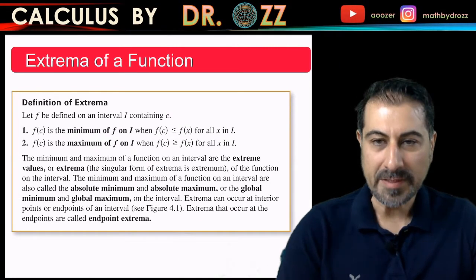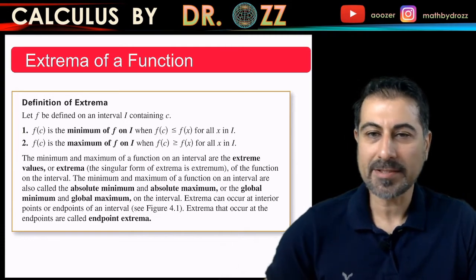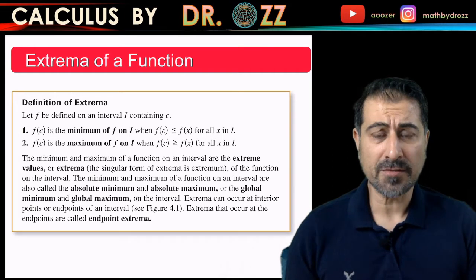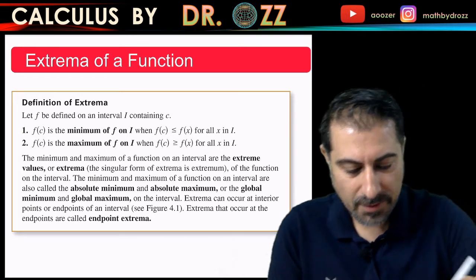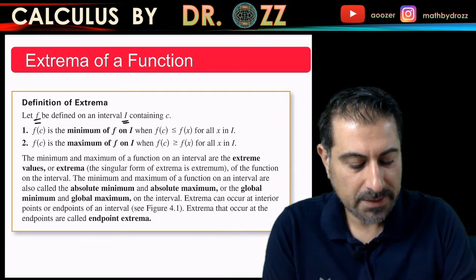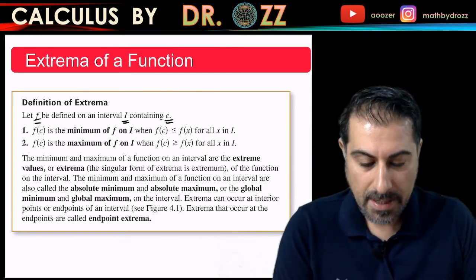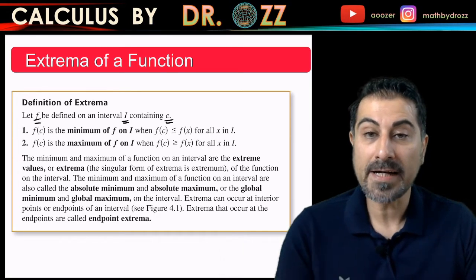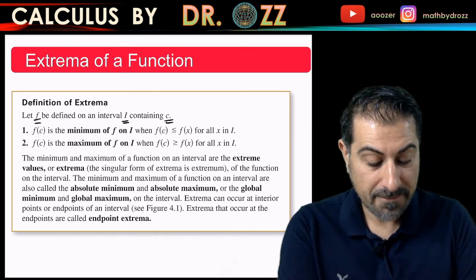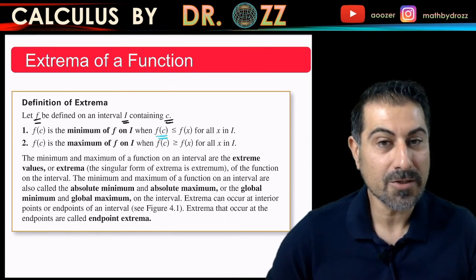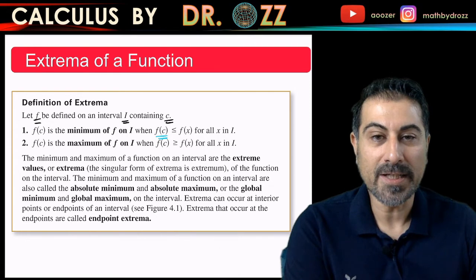All right, let's start with the definition of extrema. Extrema is all about finding the minimum or maximum values of functions on intervals. Let's start with the function f defined on an interval I containing the point c. We say that f of c is the minimum of f on the interval I if f of c is less than or equal to any other function value in the same interval.